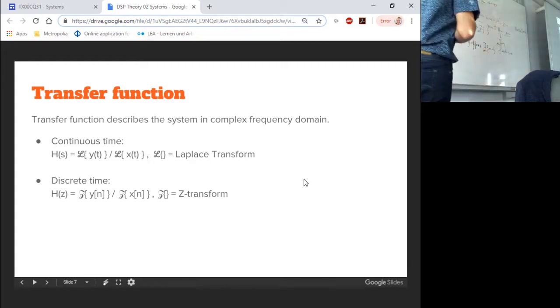So this function here is actually, the system is described by the h of z.